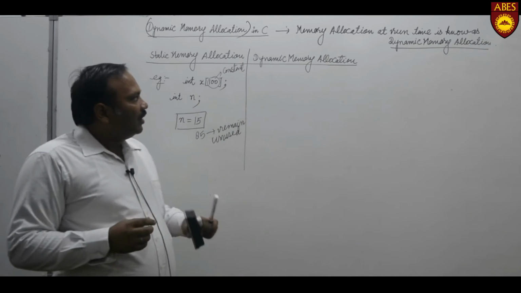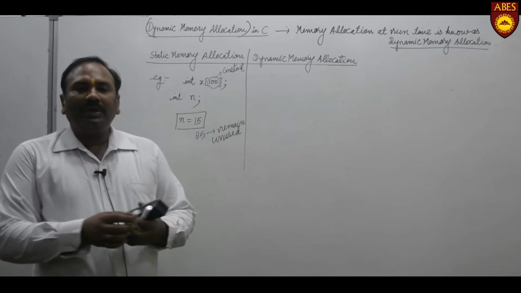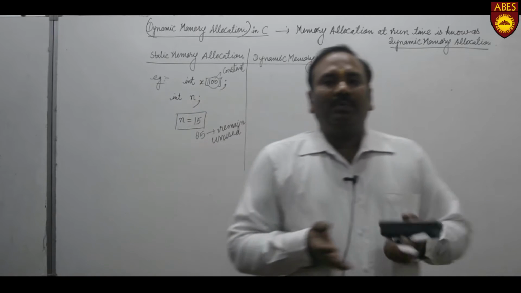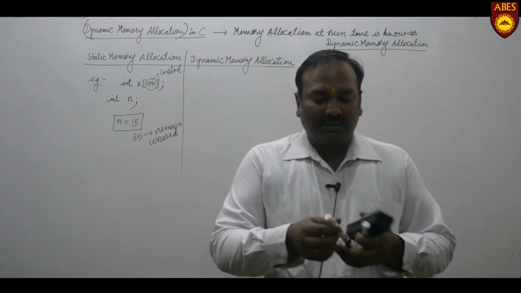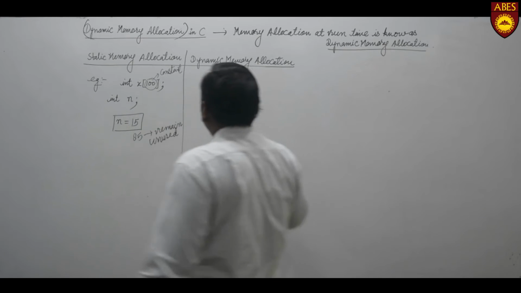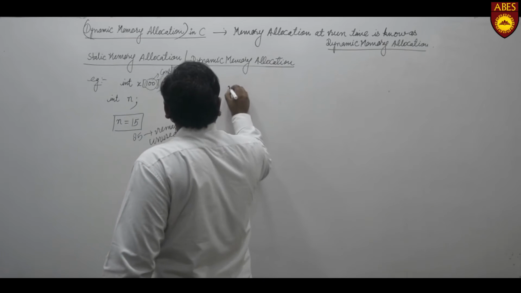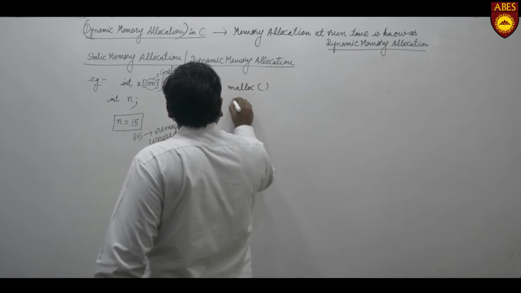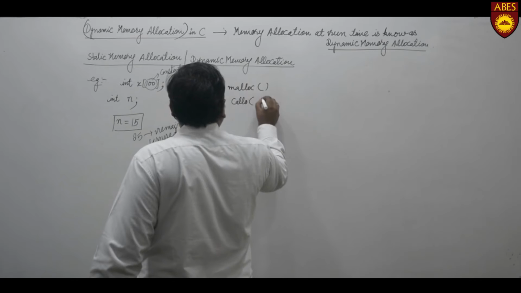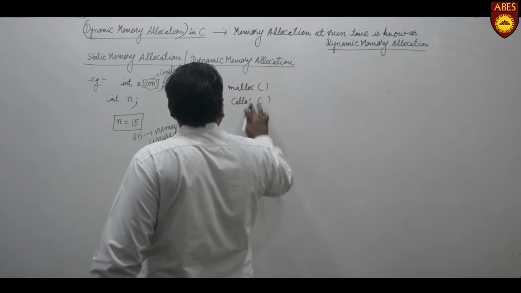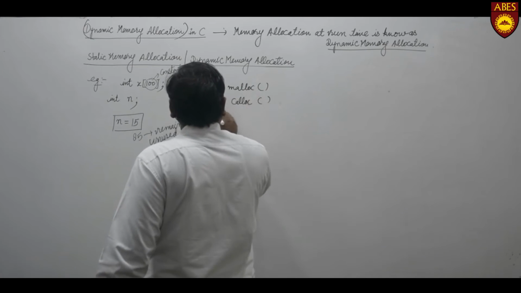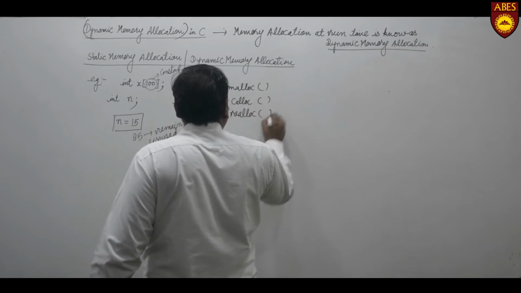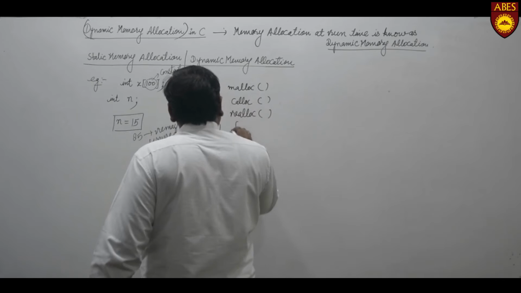Now, how do we allocate memory dynamically? Don't worry, C language provides 4 dynamic memory allocation functions. The first function is malloc, second is calloc, third is realloc, and fourth is free.